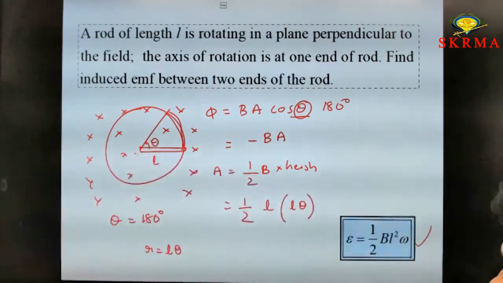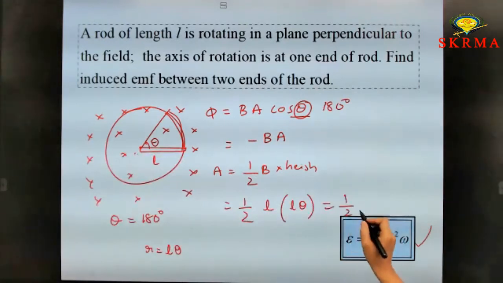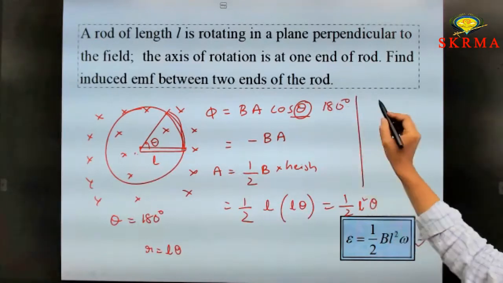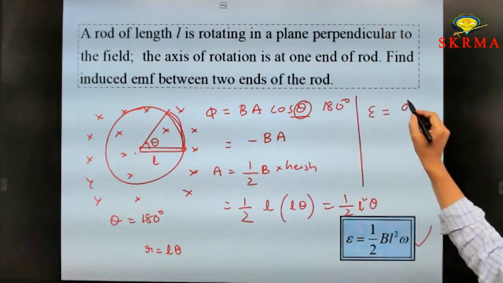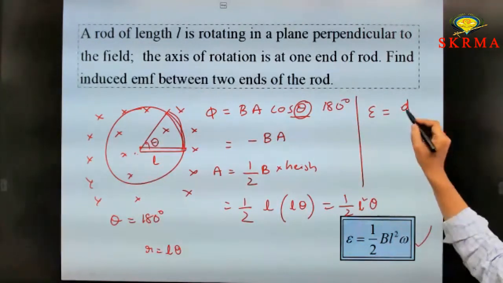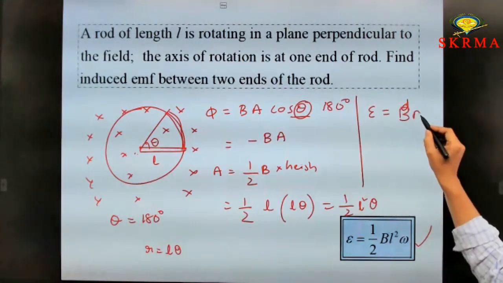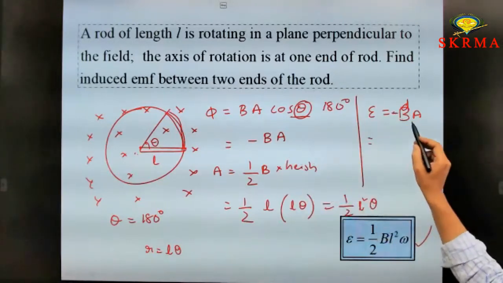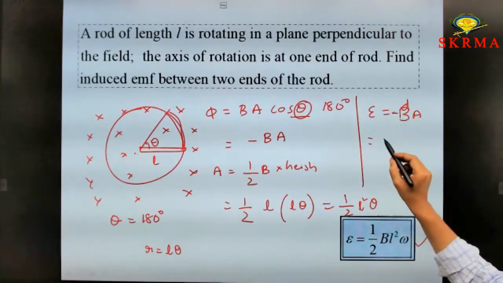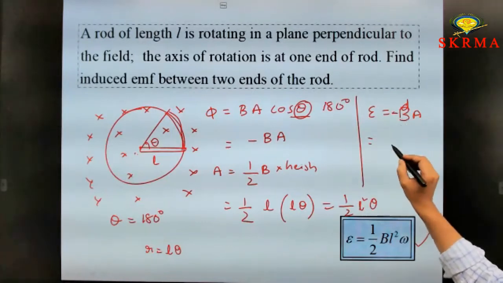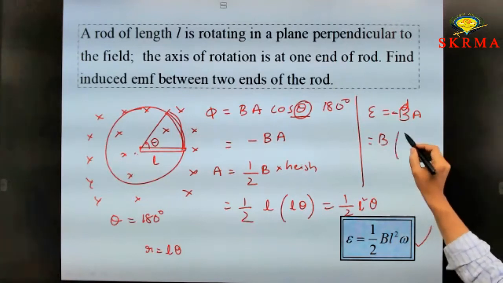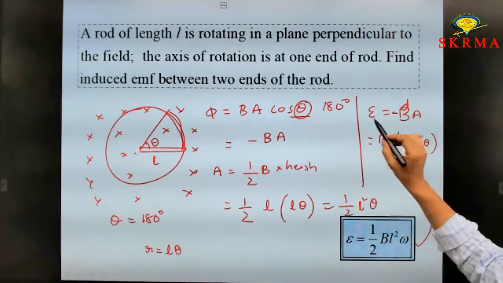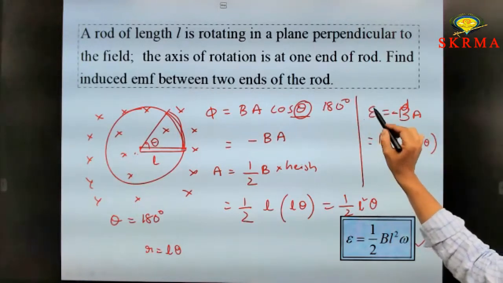The area is half L square theta. If you write this in the equation, the induced EMF E is equal to minus B A. What is A? Half L square theta. This is generally flux.